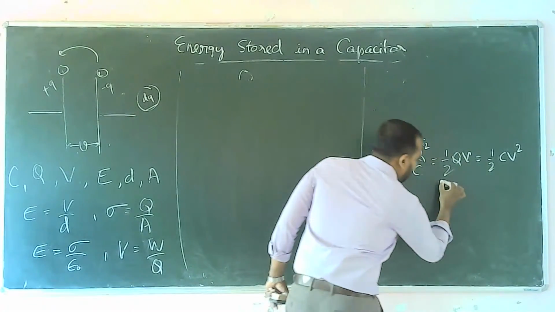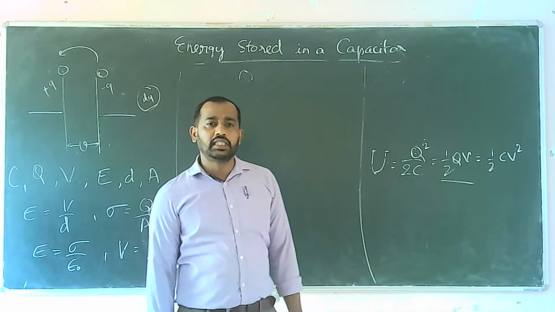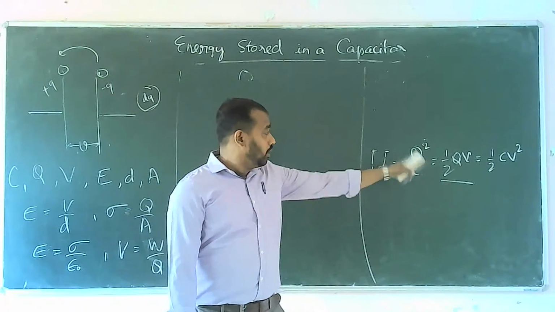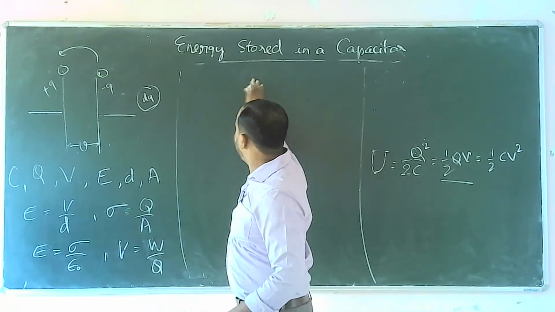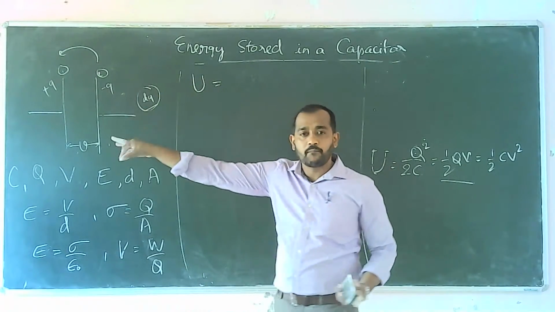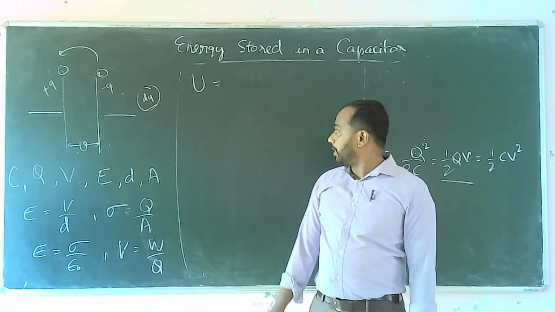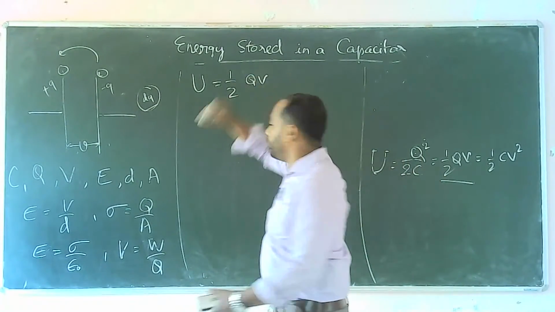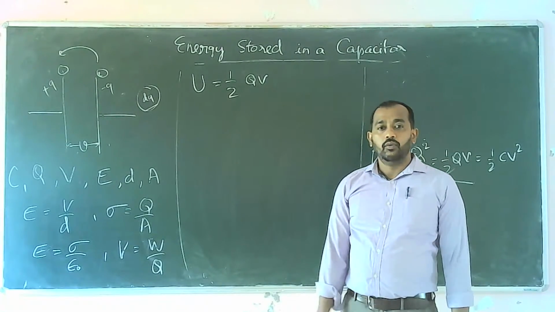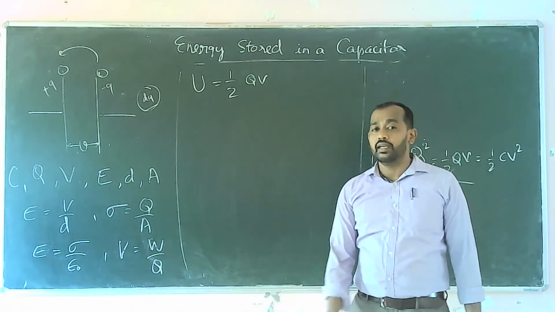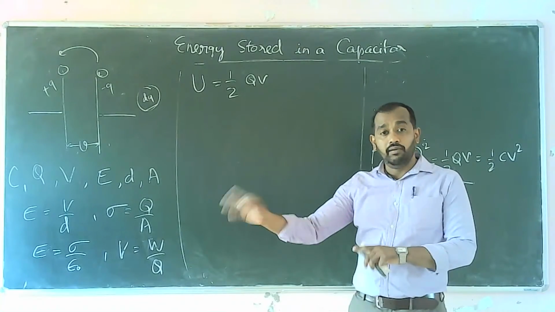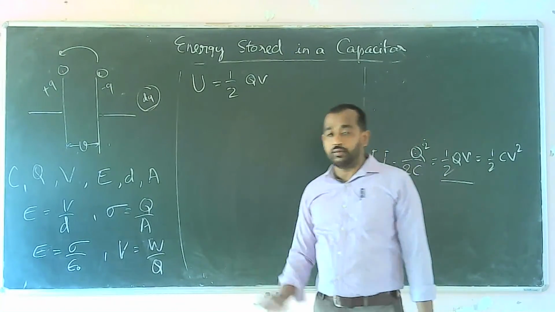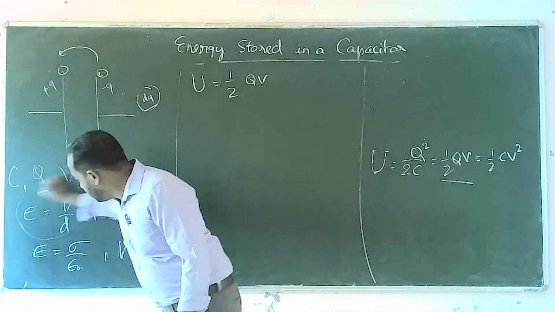I will use this equation, which contains only Q and V. So therefore, we know the expression for the energy stored by the parallel plate capacitor is given by 1 by 2 Q into V. We have to substitute the value of V so that we will get the relation of V with electric field. We are going to use this equation.